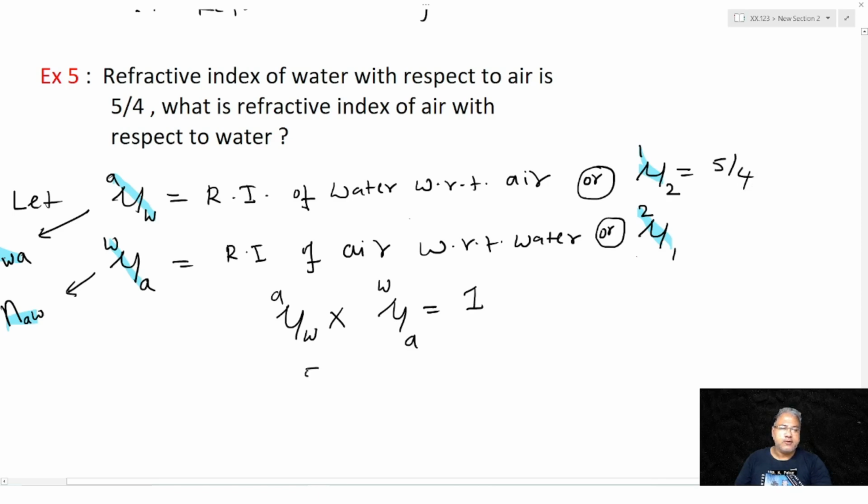So 5/4 times the refractive index of air with respect to water equals 1, which implies the refractive index of air with respect to water equals 4/5. This is the required solution.